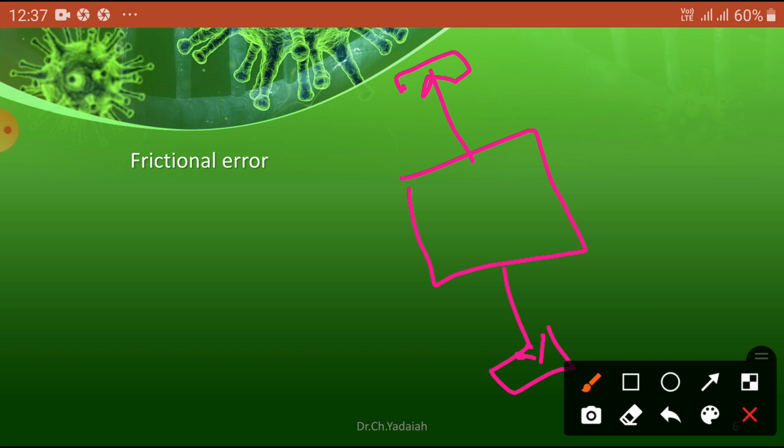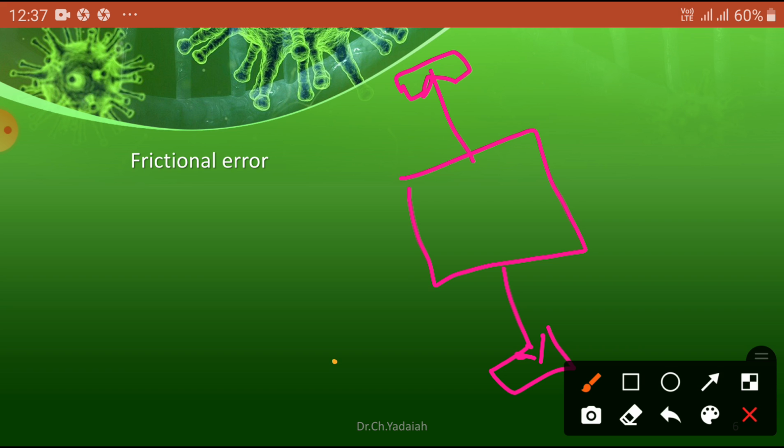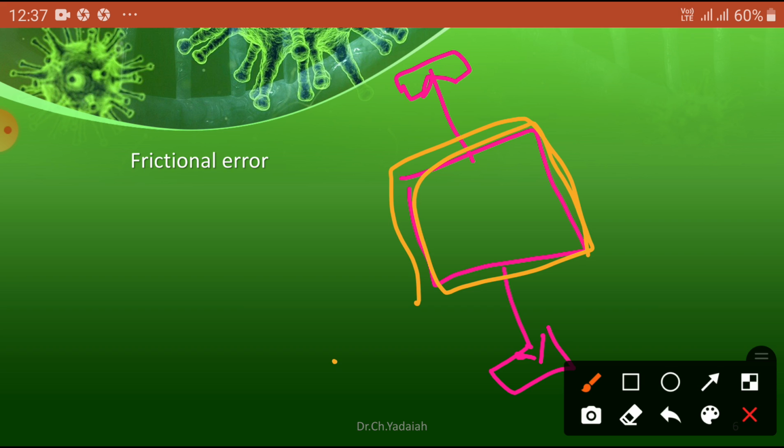On it I provide the copper winding. This is connected to a spring through this one, and to another spring at this end. This is the input, this is the output. The spring here provides a controlling torque, and the other spring in the opposite direction provides another controlling torque.